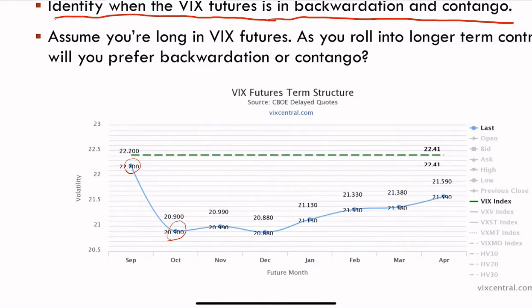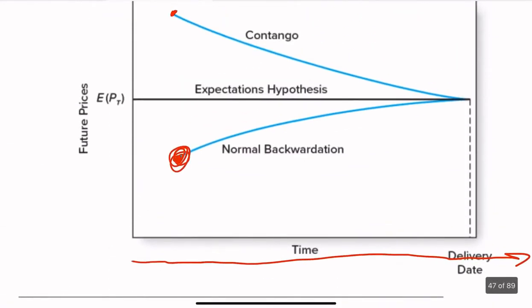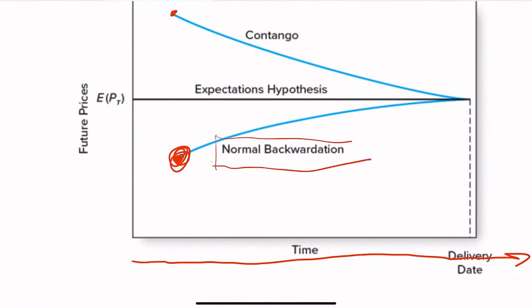So this implies that a futures with further time to maturity has lower volatility. So this is exactly the definition of backwardation. Again, let me go back to this picture here. This is backwardation because it means that a futures here has lower volatility compared with a futures here.